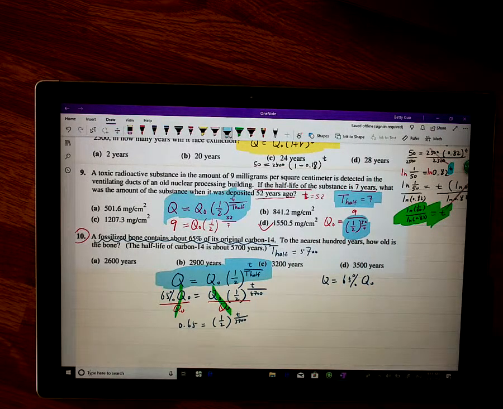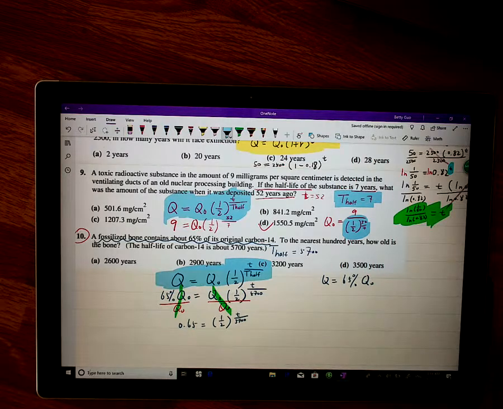Okay, so we can try to plug in T equals 2600. We have 0.5, which is half, right? Raised to the power of 2600 divided by 5700.